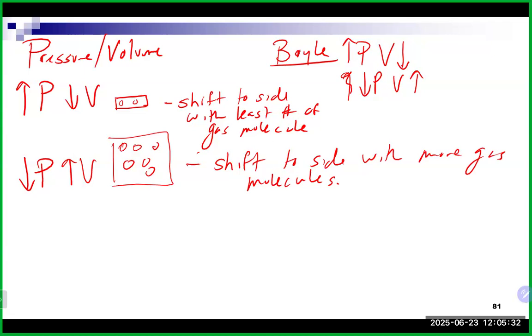When I'm thinking about pressure and volume and trying to figure out what's going on, I usually think of it in terms of volume, and it just matches the volume. So if you have a small volume, less gas molecules. You have a larger volume, more gas molecules. So again, that's a good way to remember it. It matches the volume in this situation. Small, less; larger volume, more.